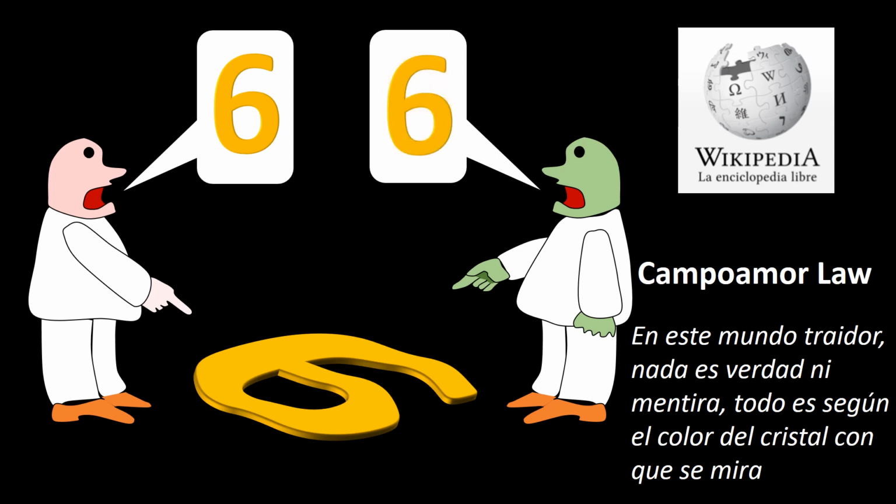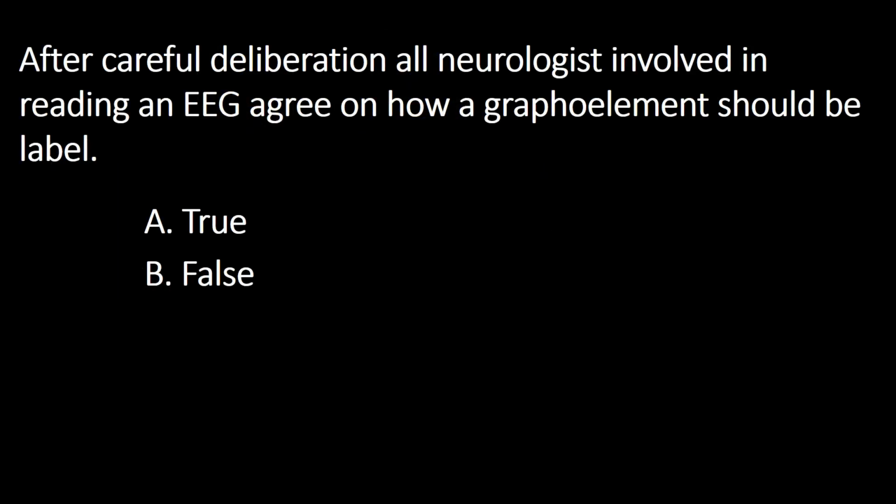But having said this, it is important to stress that in most instances a general agreement can be reached among most neurophysiologists of how to label a grapho element. As I said, that is among most neurophysiologists, but certainly not about all neurophysiologists. So the answer to this question is false.